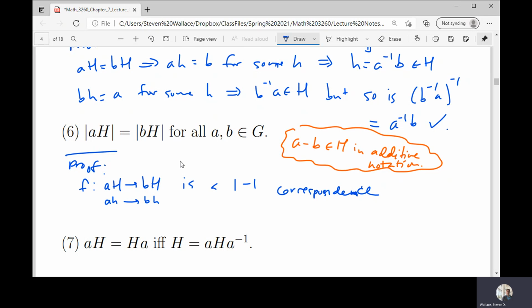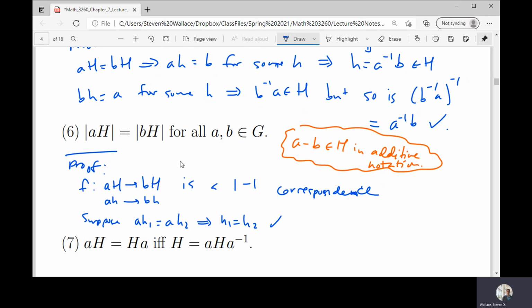Everything in here is of the form bh for some h in big H. So you definitely get every element there. Why is it one-to-one? So suppose ah1 is equal to ah2. Well, then left cancellation gives you that h1 is equal to h2.